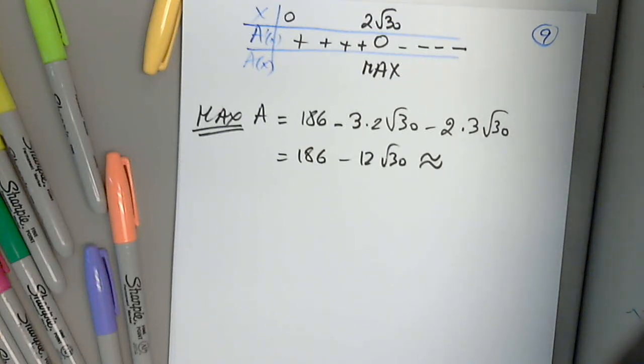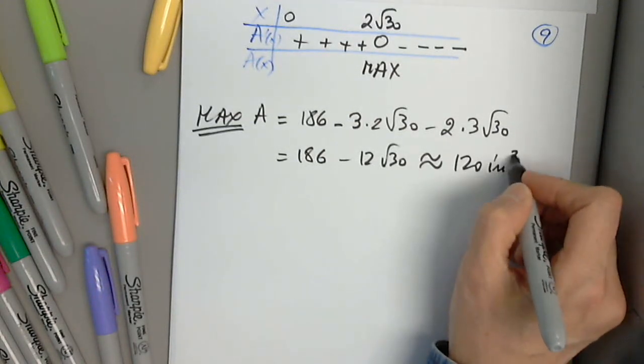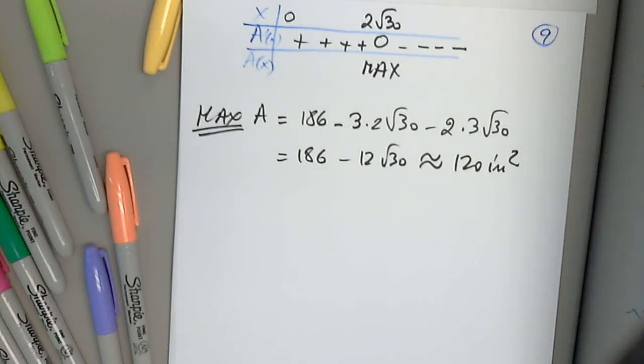So 186 minus 12 the square root of 30. Correct me if I'm wrong, I got 120 square inches. Any questions? So 120 is the max. Roughly 120, I got 120.27, yes.